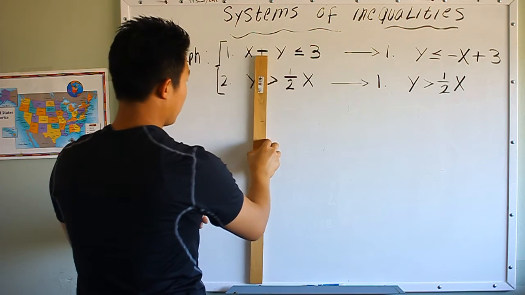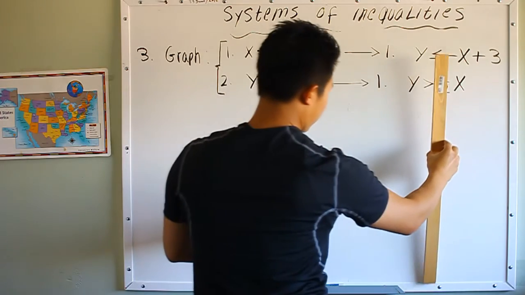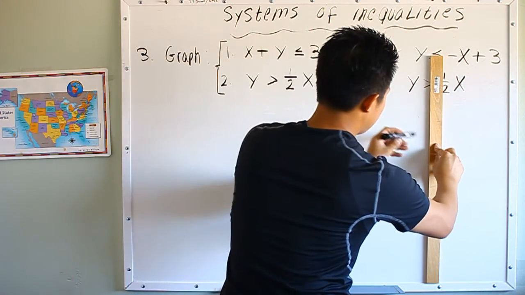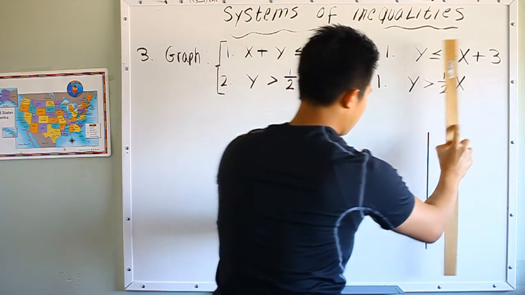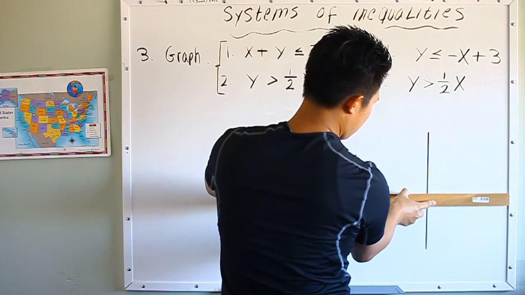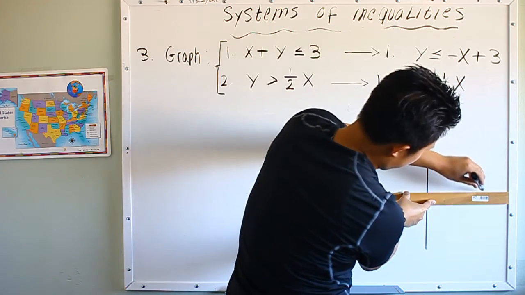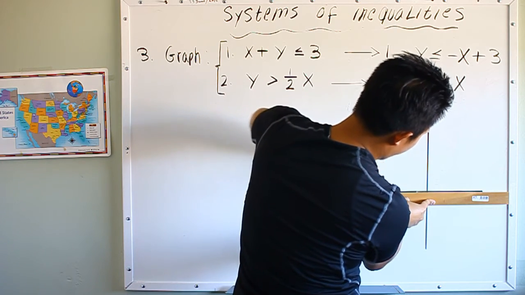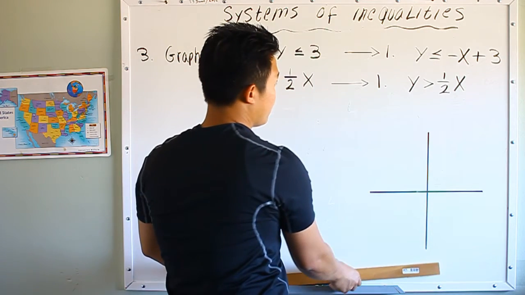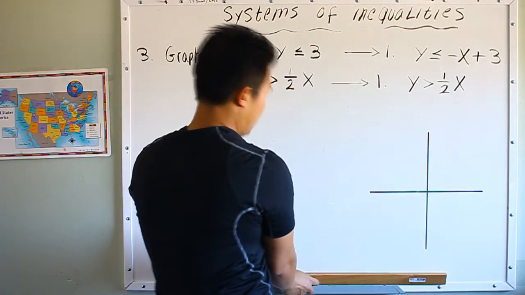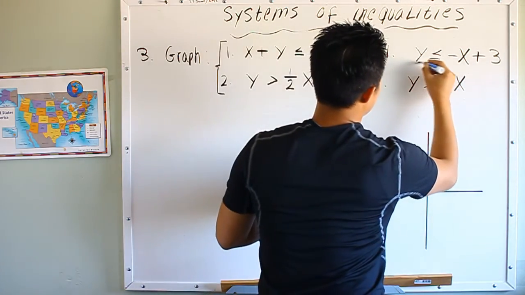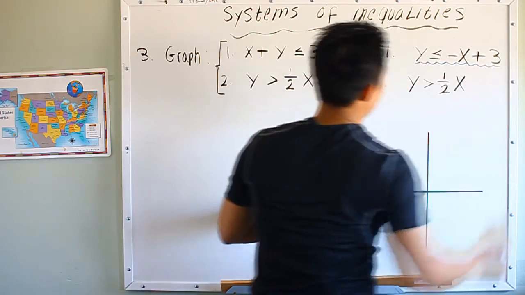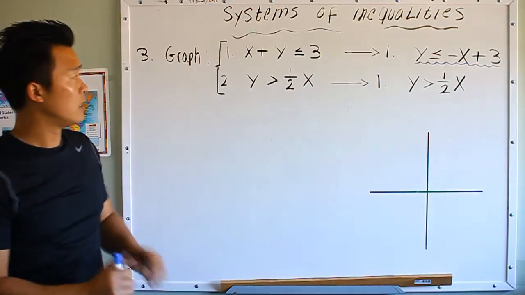Okay, so construct my graph, which is over here. Let's do it over here. This is my graph. First thing I'm going to do is graph the first equation using a blue marker. So let me put a wave under the first inequality.